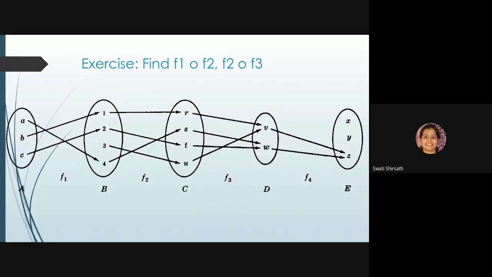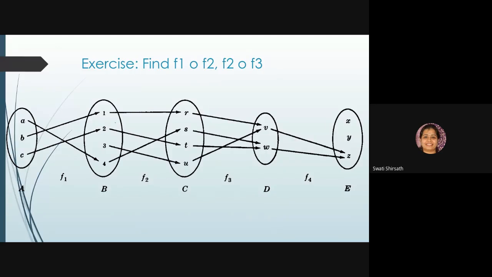See, if you write the pairs of this function in the form of a set, it is a comma 4, b comma 1, c comma 2. Okay? And then f2 you'll write 1 comma r, then 2 comma t, 3 comma u, 4 comma s.